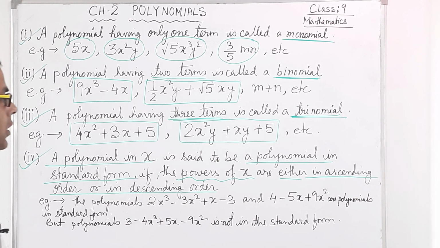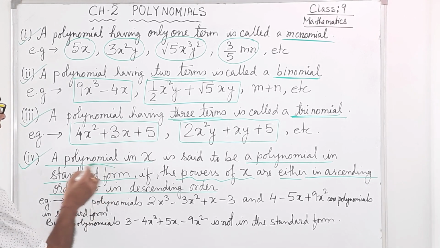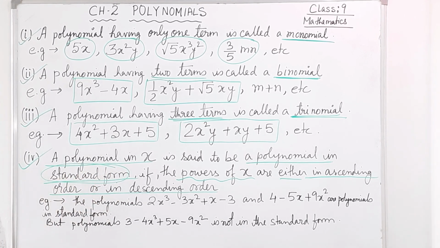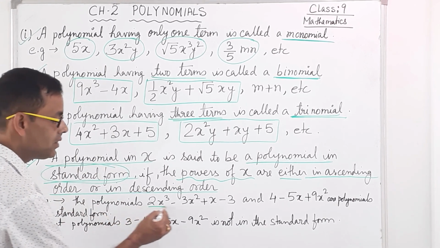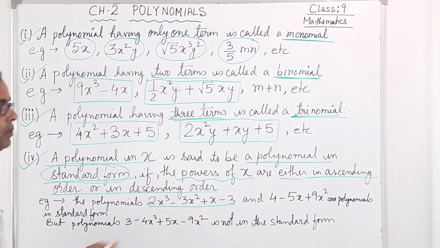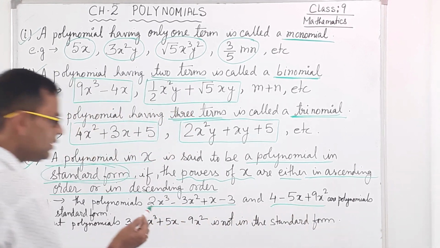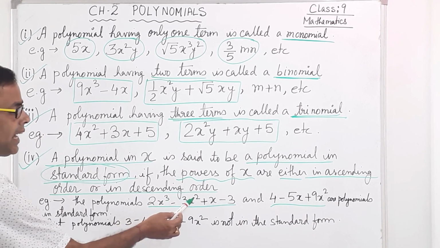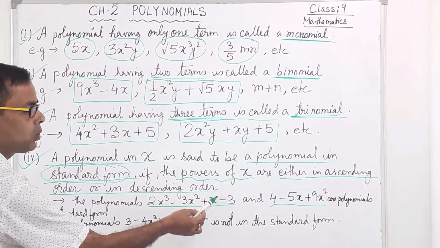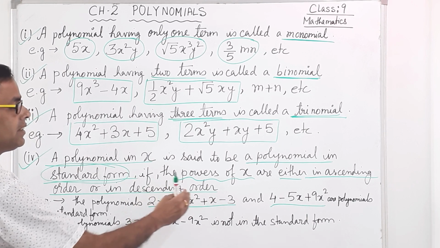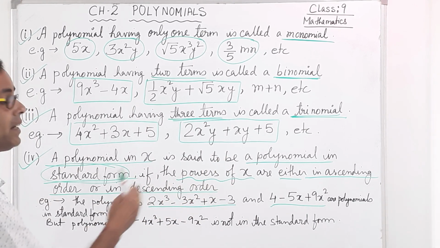Just before I told you when I was teaching, that if the powers are arranged in ascending or descending order, then only we can say yes, it is in standard form. Like the example I have given, this is a standard form, this is another example. See here, x to the power 3, x to the power 2, x to the power 1, x to the power 0. So it is in descending order, big to small.